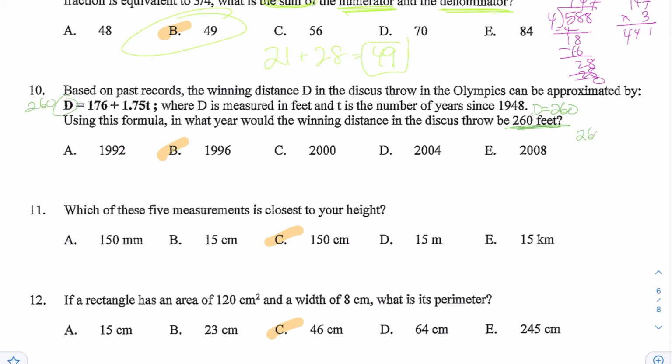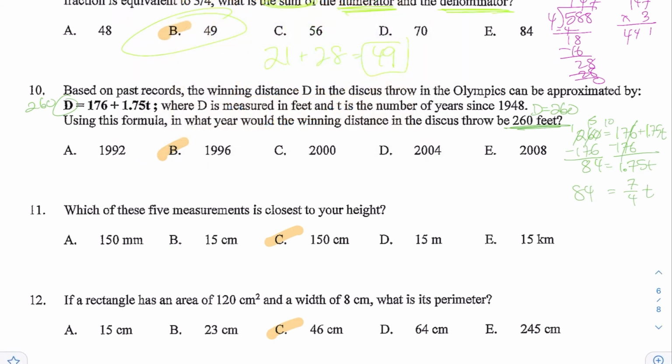So you have 260 is equal to 176 plus 1.75 T. So here I have to subtract 176 from both sides. And that will give you 84 is equal to 1.75 T. Now 1.75 is really 7 over 4 times T, and that's equal to 84.